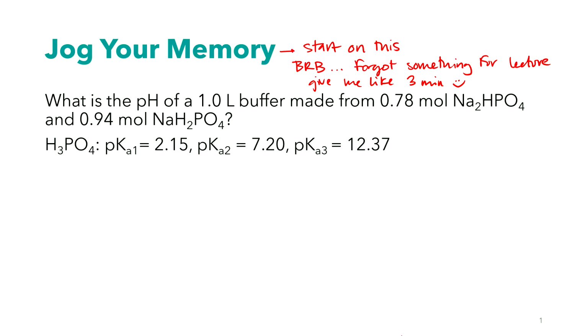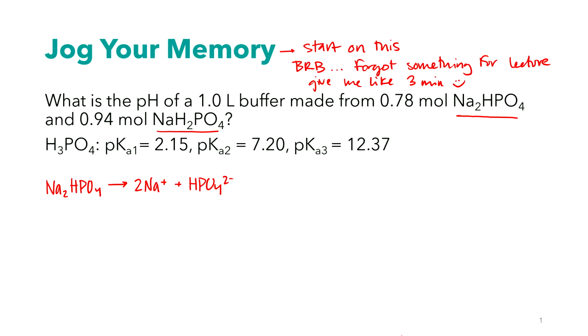And I'm making it from these two salts. My first step is I want to know what are the ions that go into solution when those salts dissolve. Let's look at this first one, Na2HPO4. That's going to dissolve and split up into two Na pluses and HPO4 2 minus.